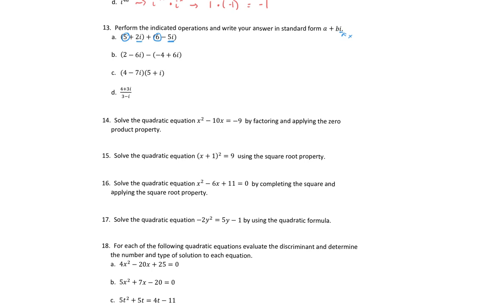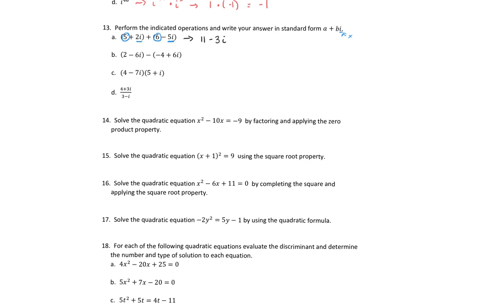So for this first one, we would get 5 plus 6, which is 11, and then a positive 2i minus a 5i would give you a -3i. And that is in the form a plus bi, with a being 11 and b being -3.